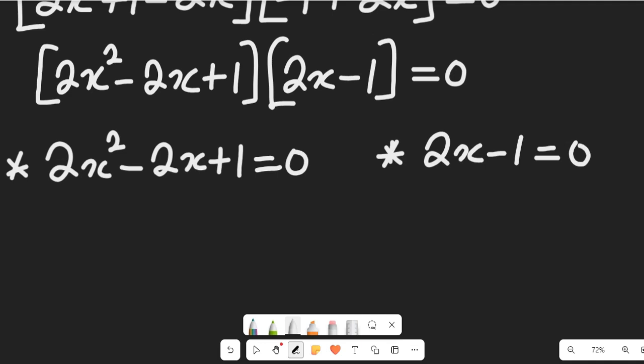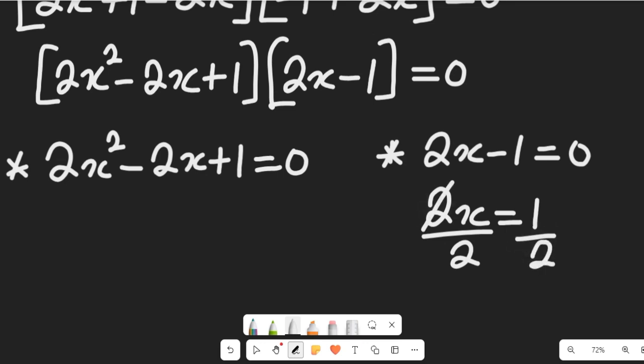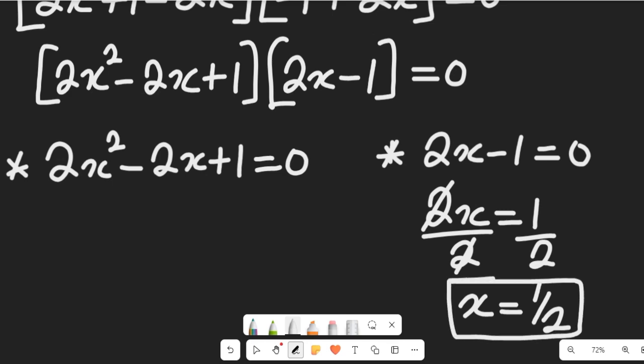Now from this second expression, I can easily find the value of my x, because 2x will be equal to 1, right? And then if we divide both sides by 2, we'll have 2 clearing 2, and the value of our x will be equal to 1 divided by 2. And that is the first solution to that expression given to us up there.